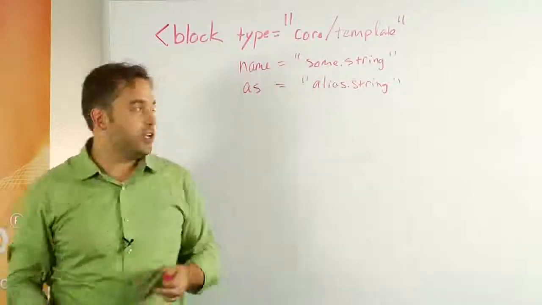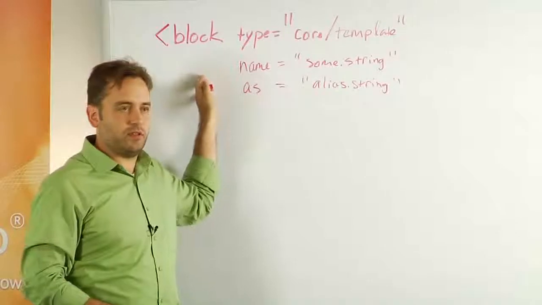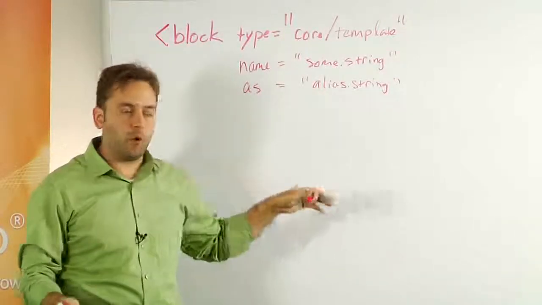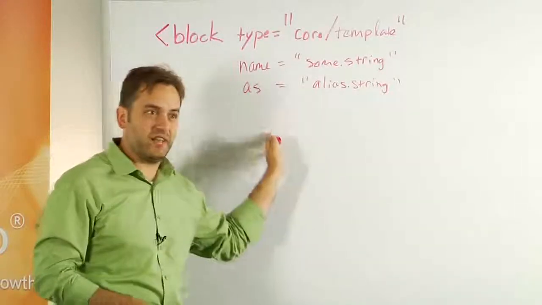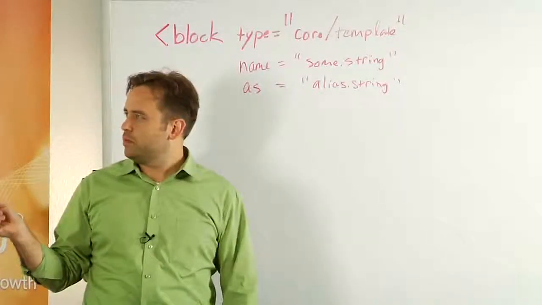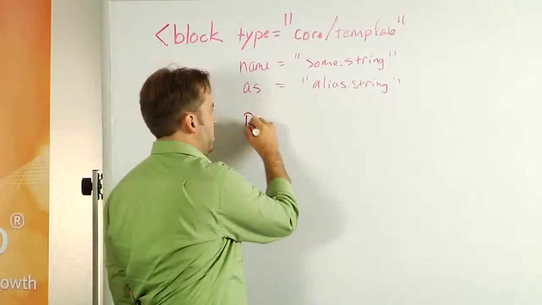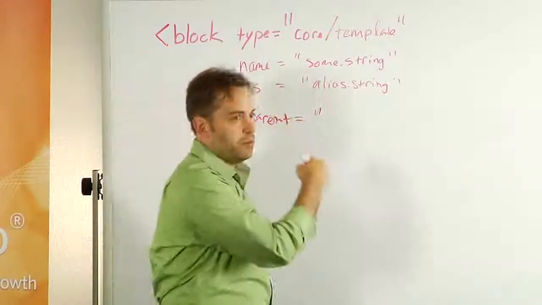Parent. So we could actually declare our block inside of a reference, like we did with the content block, and make our block a child that way. Or wherever the content block was originally set up, we could put our block inside there. Or we could also, and this is not done in the core anywhere, just directly say parent equals, and then put the name of some other block.